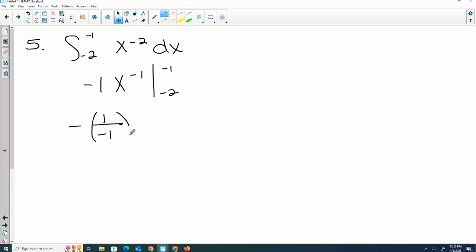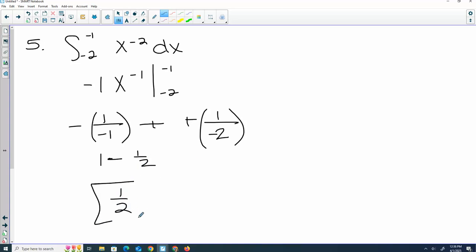Okay, so that's a negative 1, minus, if I do negative 2, we have negative 1 over negative 2. So we get 1 minus 1/2, or 1/2. Does that make sense? I could have written that with fewer negatives, but I was trying to show you where everything was coming from.